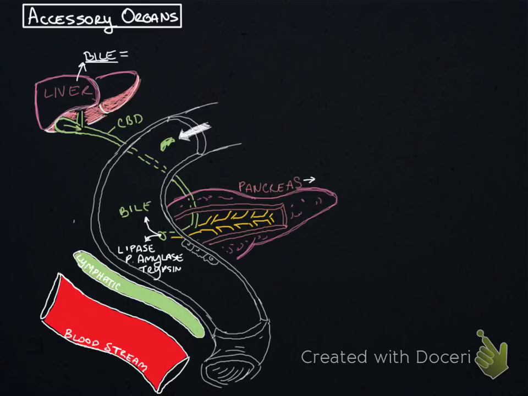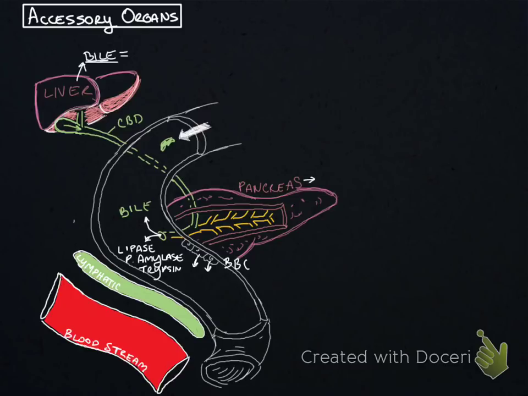We also have secretions here from our brush border cells. So these enzymes are brush border enzymes that help to further digest the chyme into smaller sections.